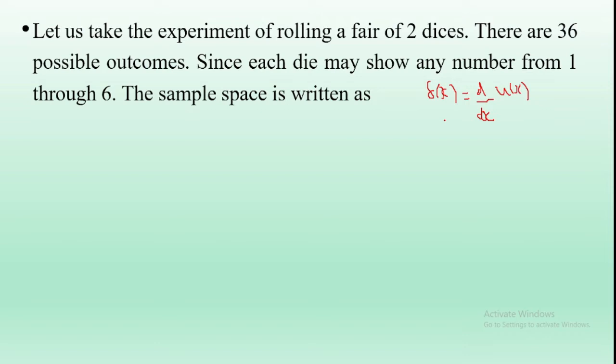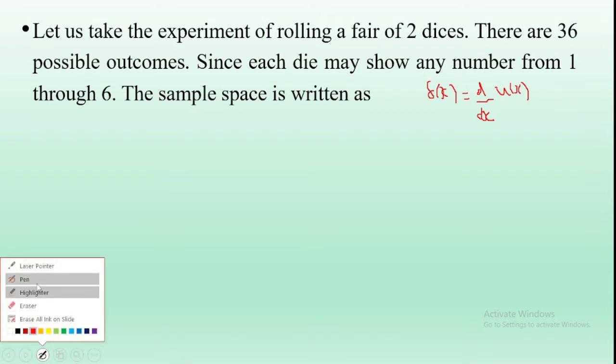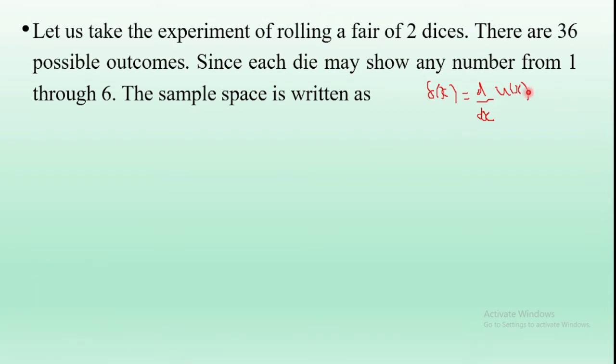For example, let us take the experiment of rolling a pair of two dice. Totally there are 36 possible outcomes, since each die may show any number from 1 to 6. Rolling a single die, the die may show any number from 1 through 6. So rolling a pair of two dice, the total outcomes of the experiment are 36.